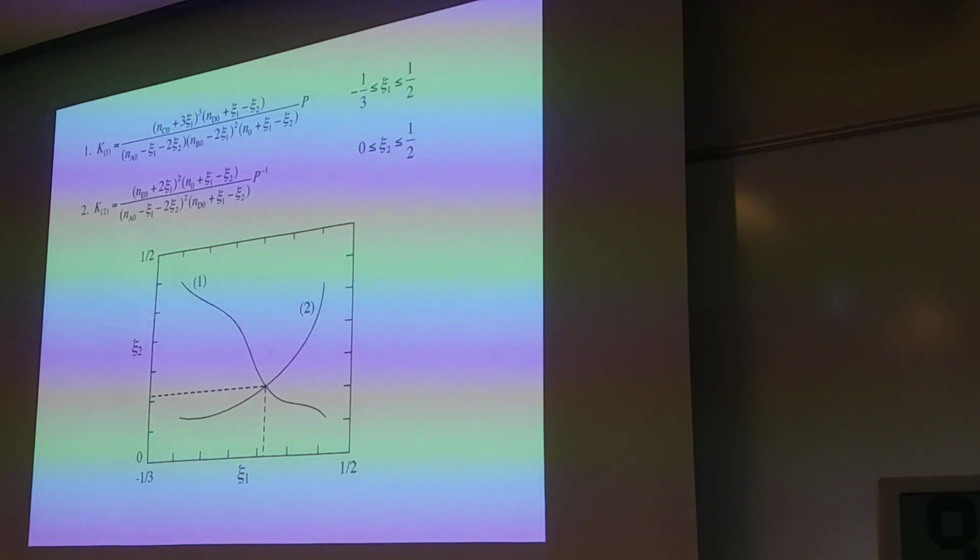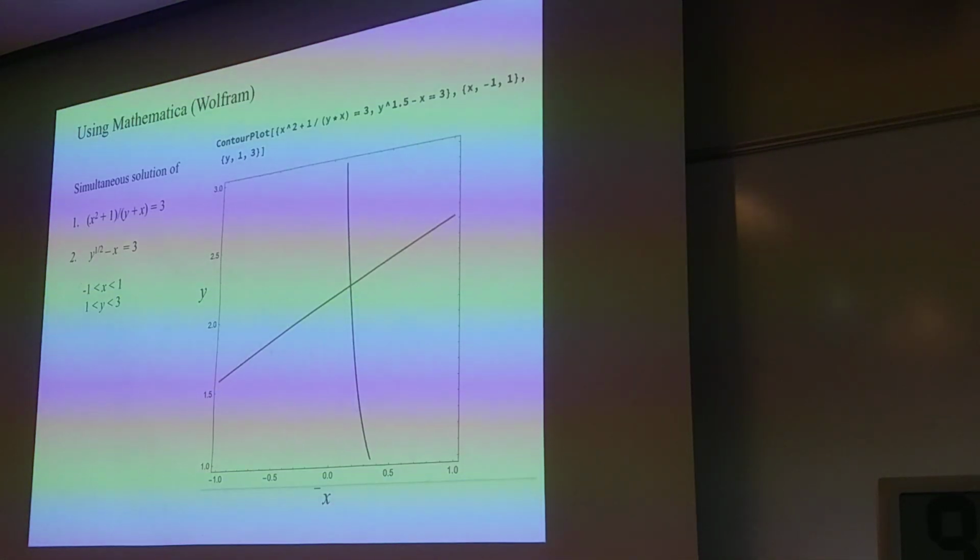And actually, a convenient way to solve these types of systems is to do it graphically. And it's fairly simple to do in Mathematica here, using the contour plot function. So a contour plot, I don't know if you're familiar with that, you could just write down the two functions and the allowable ranges for each of the variables.